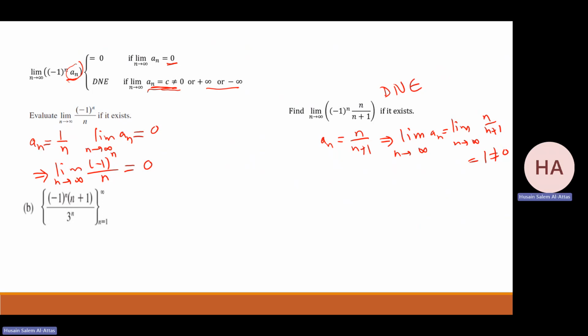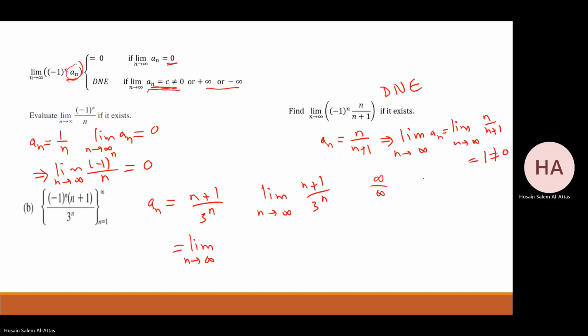This one, you have what? I have n plus 1 over 3 to the power n. What is the limit as n goes to infinity of n plus 1 over 3 to the power n? If you just apply the rule, you have infinity over infinity. So do L'Hopital's rule here. Now consider the function f of x equal x plus 1 over 3 to the power x.